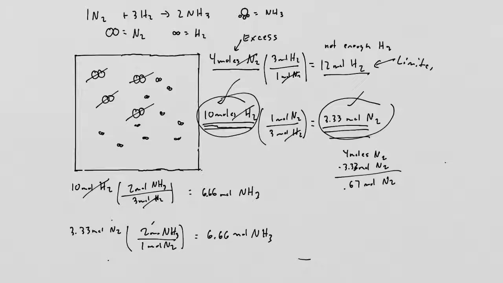In summary, if you're given things in grams or other units other than liters, which we'll talk about later, convert the stuff to moles. So the first step is always going to be convert to moles. Second, determine what the excess or limiter is.